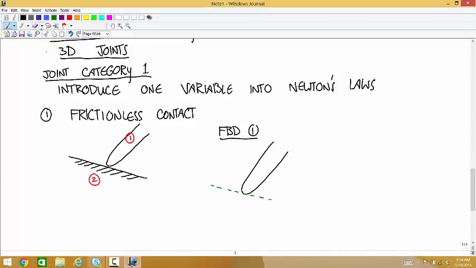The force is perpendicular to the surface of contact toward the chosen body, so like this. And if you draw a free body diagram of body 2, which I sort of have drawn as the ground, imagine isolating a chunk of the ground, and then the force is equal and opposite like this.